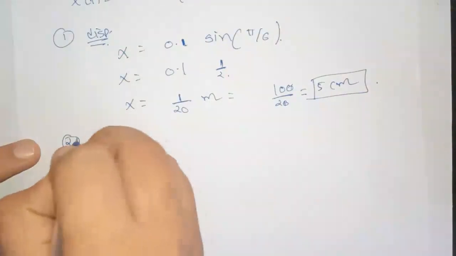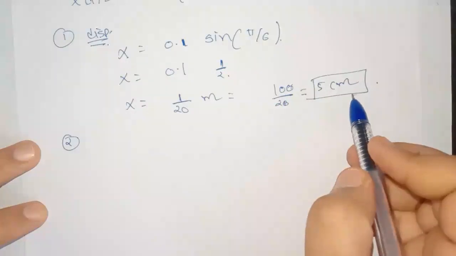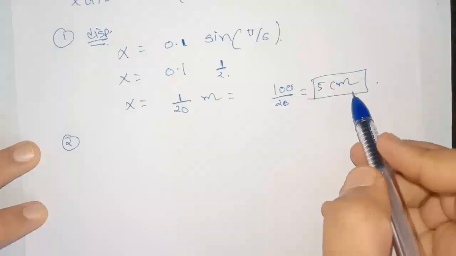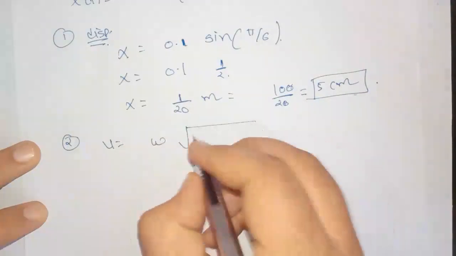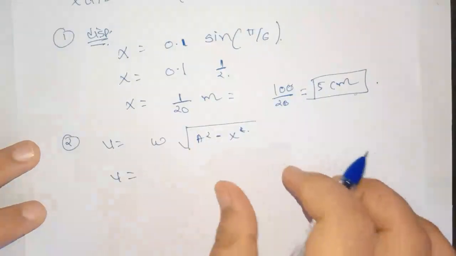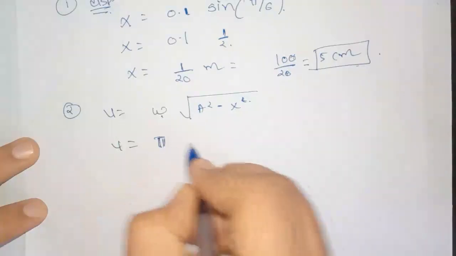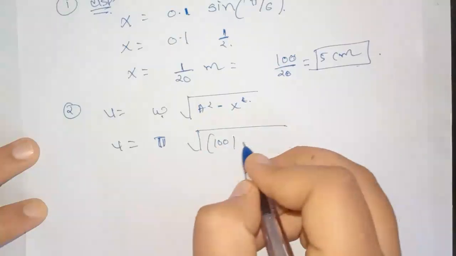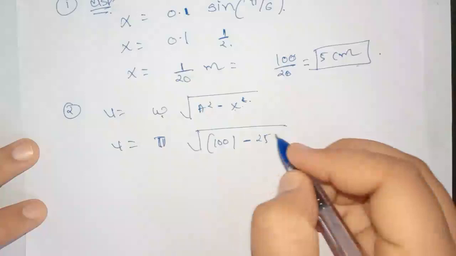Now, once we have found the value of position, we can find the acceleration and velocity. The velocity is omega under root a square minus x square. So v will be, omega is 2 pi by T, that will be equal to pi, under root a square is 100 minus x square, that is 25.